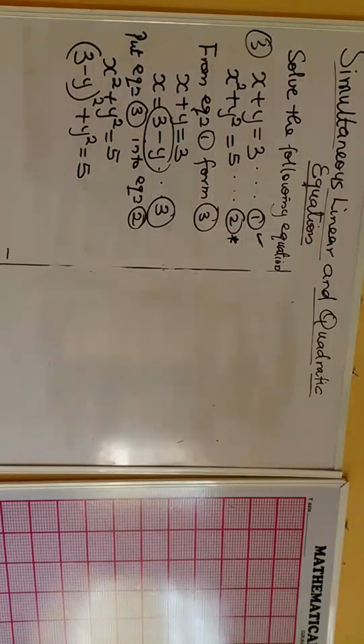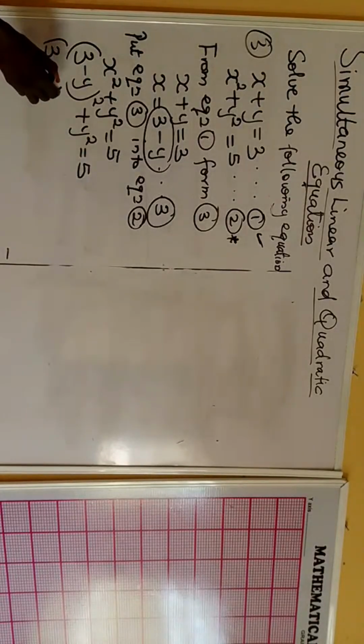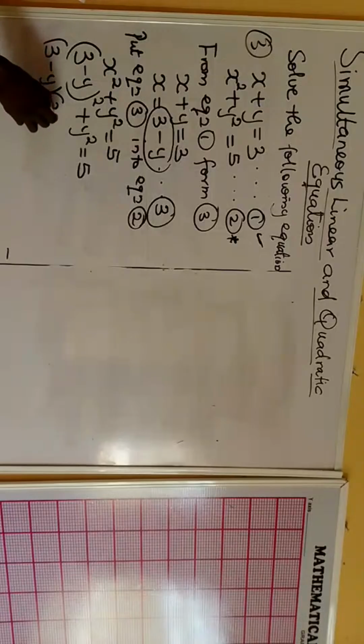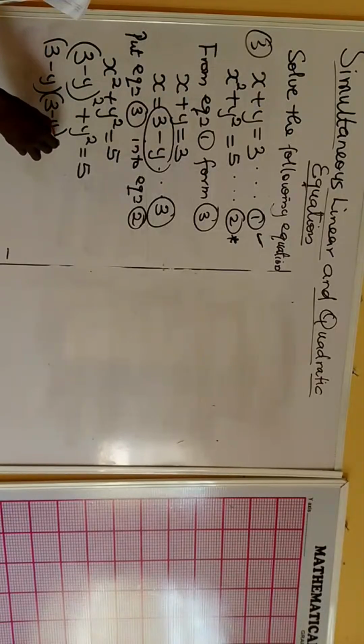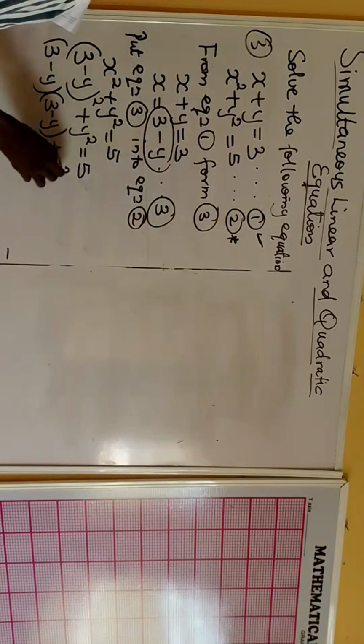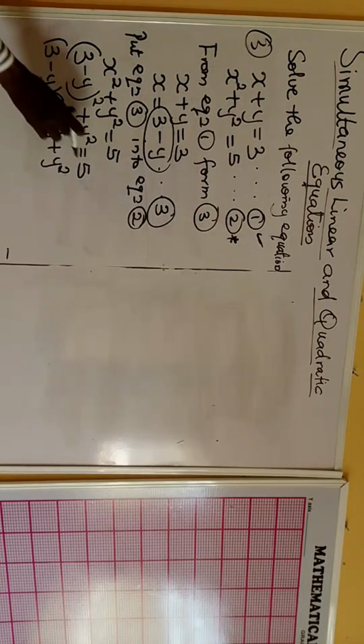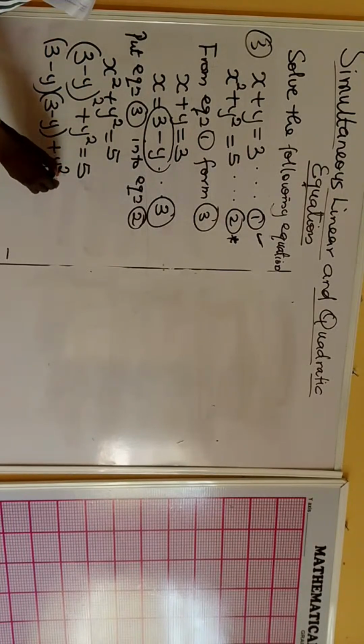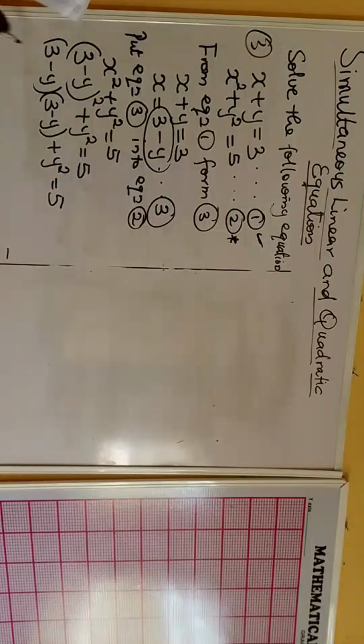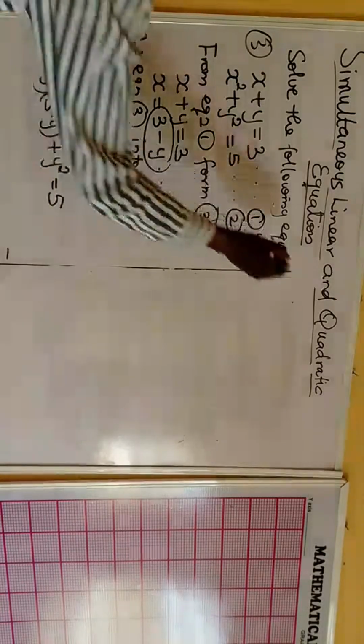Now, let us expand. 3 minus y, the same thing again, 3 minus y, plus y squared, look at it, this y squared is here, is equal to 5. 3 times 3 is 9.